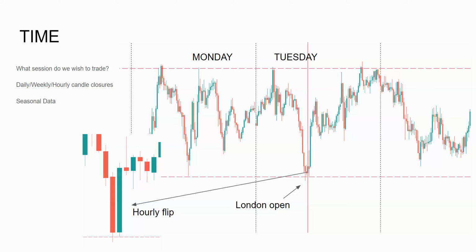So now that we have our points of interest, our price positioning, we're now looking at what time we are taking this trade at. And especially from a day trading point of view, you're going to be looking at pre-London, London Open, pre-New York, New York Open, pre-Asia, Asia Open, NYSE Open, whatever it may be.